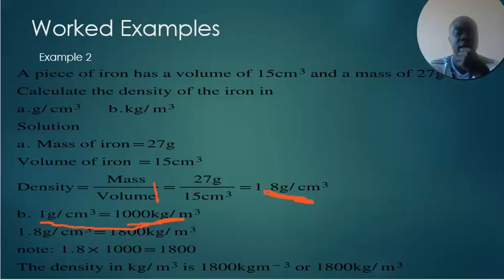So the answer we had for density after calculating in gram per centimeter cube was 1.8 gram per centimeter cube. If you want to convert to kilogram per meter cube, you are going to multiply that 1.8 by 1,000.